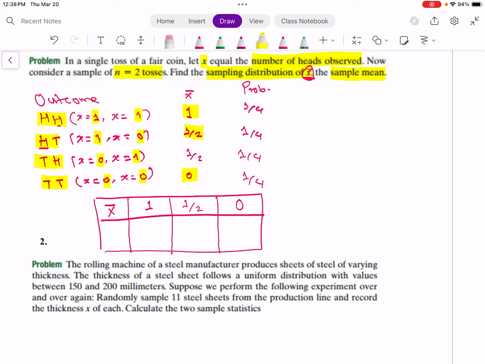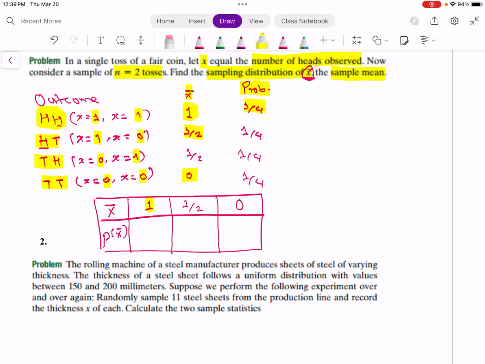Next we need to find the probability that x bar takes these numbers. What is the probability that x bar is equal to 1? It is 1/4, so the probability of getting head is 1/4, and we have x bar 1 here, so it's the same.